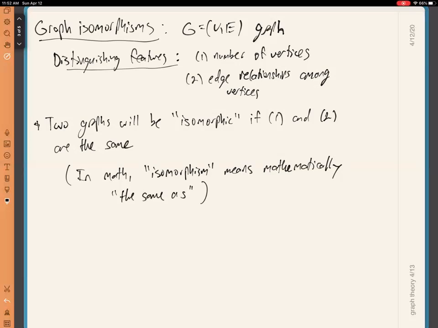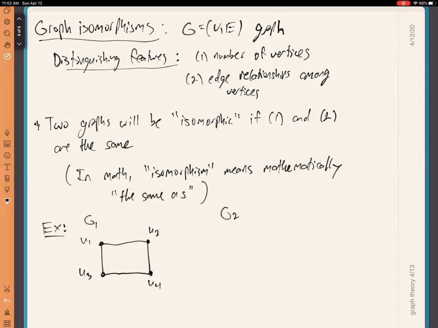Right, and so before I write down the formal definition of the graph isomorphism, let me just look at an example. So let's say I have graph G1, which is just a graph that you get with 4 vertices by completing them into some kind of rectangle or square. Right, so let's say this is my first graph.